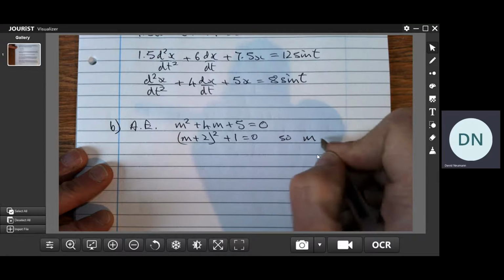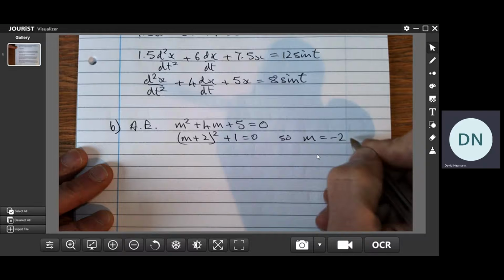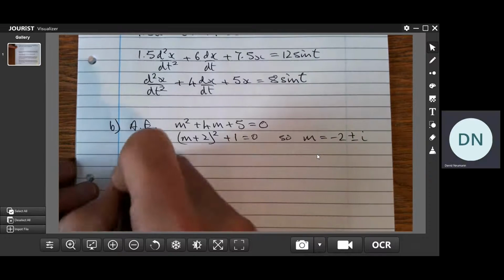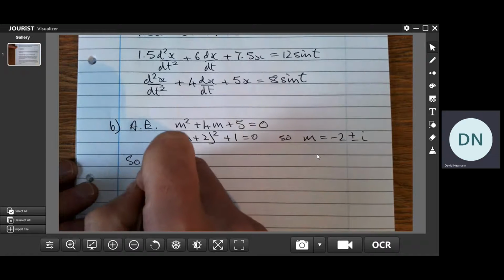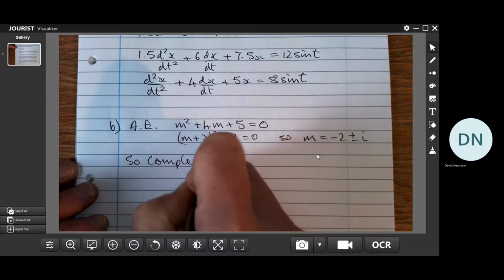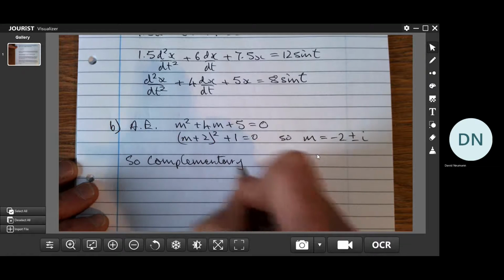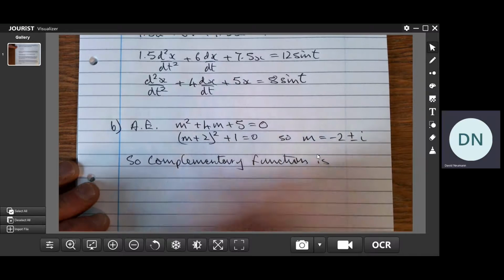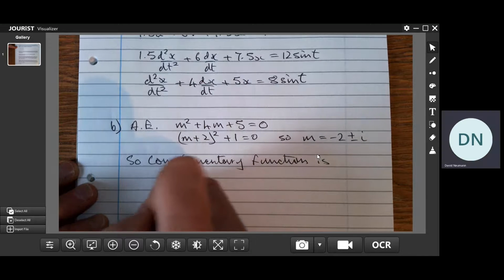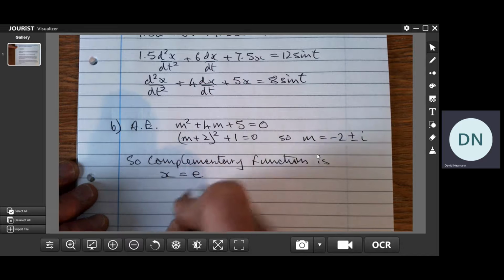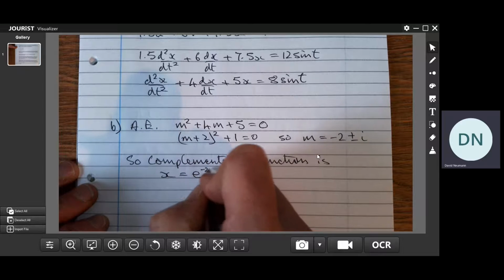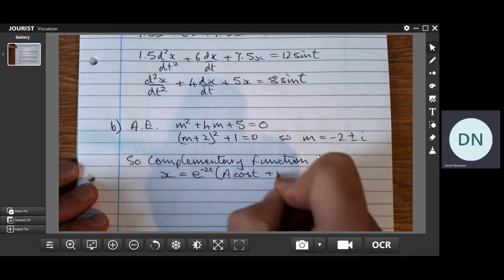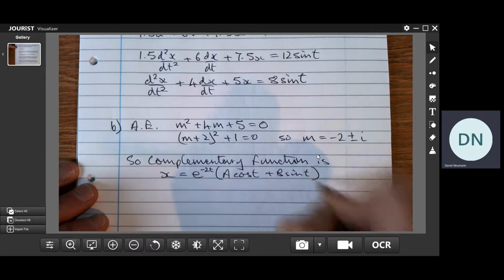So m is equal to minus 2 plus or minus i. So the complementary function is x is equal to e to the minus 2t times (a cos t plus b sin t).